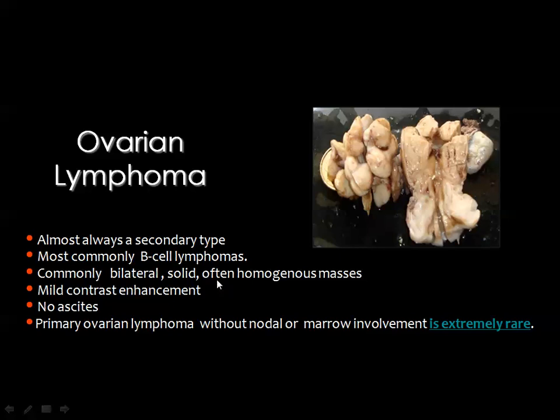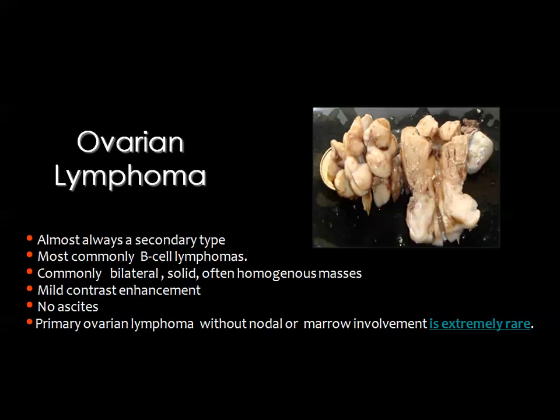And if you remember what I mentioned considering the Krukenberg tumors of the ovaries, they are usually bilateral, solid, homogeneous, and relatively smaller than the primary ovarian carcinomas. Then ovarian lymphoma may simulate the Krukenberg tumor. But in cases of Krukenberg, there is a primary malignancy responsible for these ovarian metastases.